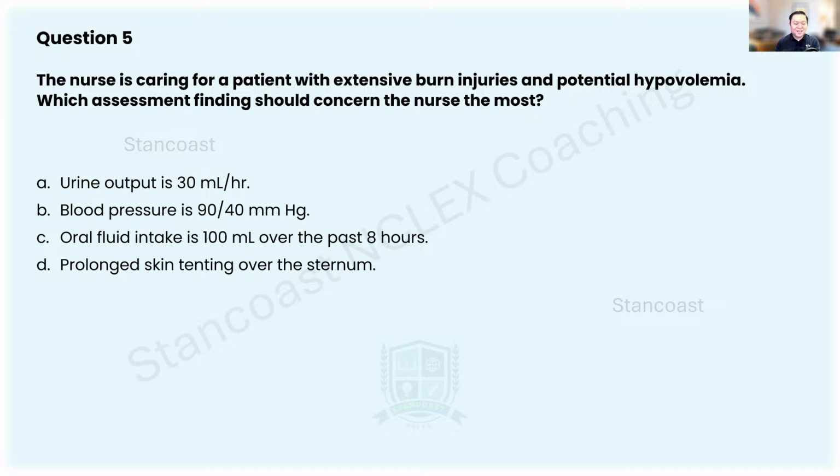For the one, what's the blood pressure? 90/40. Calculate the MAP, guys. What is the MAP in this patient? I've given you the formula, so I want you to calculate the MAP. You remember that?